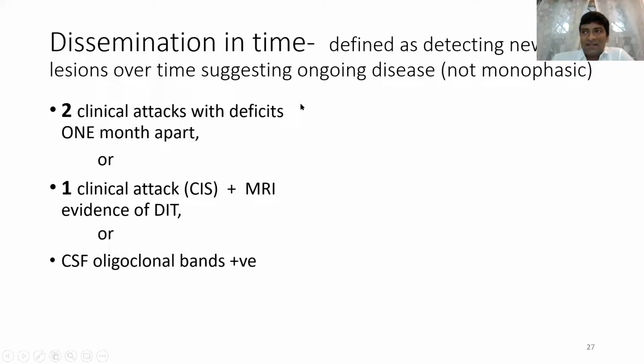Some of the recent ways to prove this in the 2017 criteria, recent compared to the earlier criteria, of course. One is, of course, if the patient has 2 clinical attacks, the diagnostician's life is very easy. But if the patient has a single attack only, is it still possible to prove dissemination in time? Yes, it is, because the MRI can actually show evidence of both current and past disease.